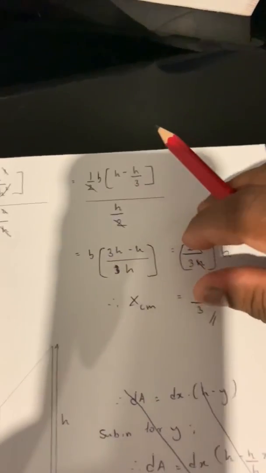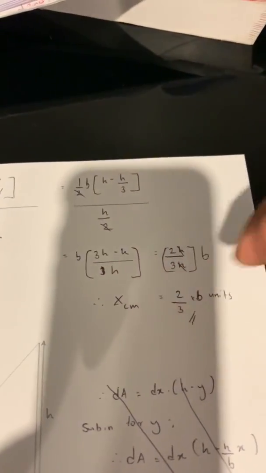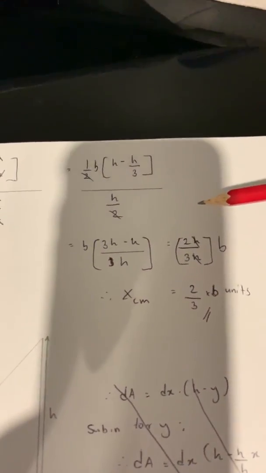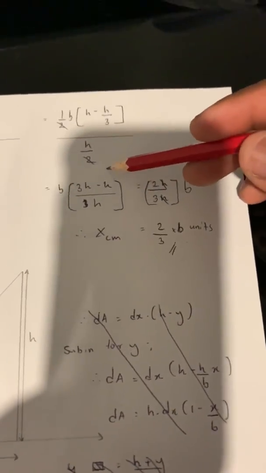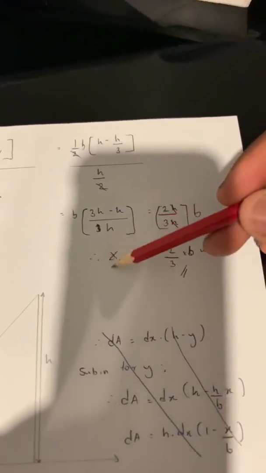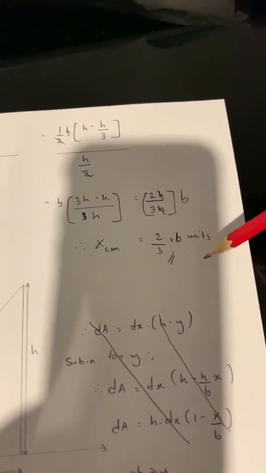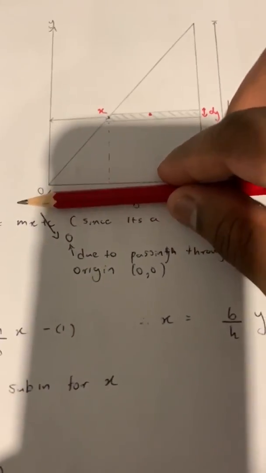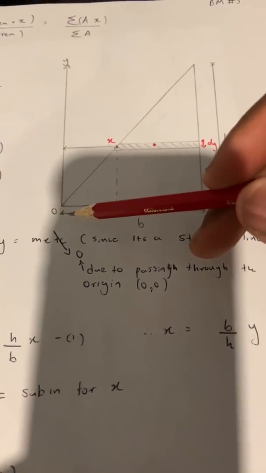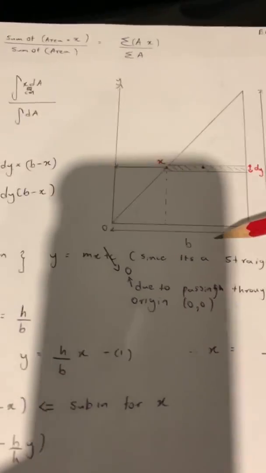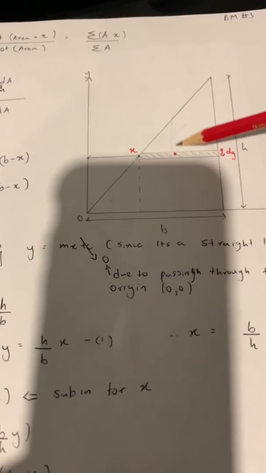And the 2, and you simplify it further down, you're going to get the x center of mass for a right angle triangle is 2/3 of the b value in units. So this base value, x is going to lie 2/3 of b in that line.